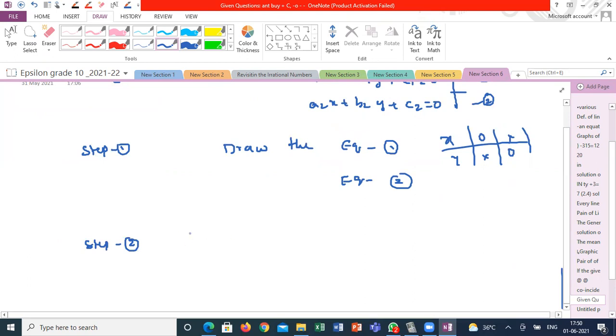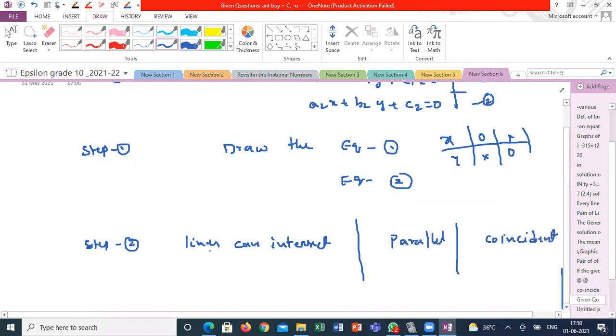Second is observation. There are three possibilities. One is lines can intersect, correct? Yes, sir. Parallel, coincident. If they intersect, a unique solution is available, so your answer is there.